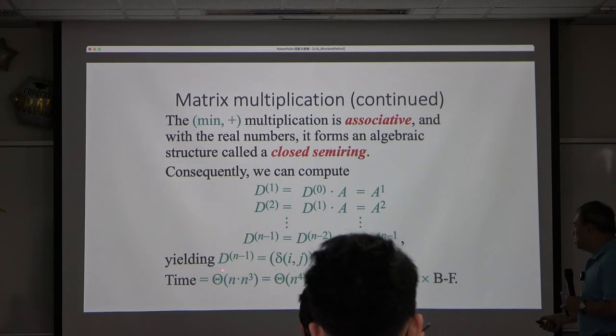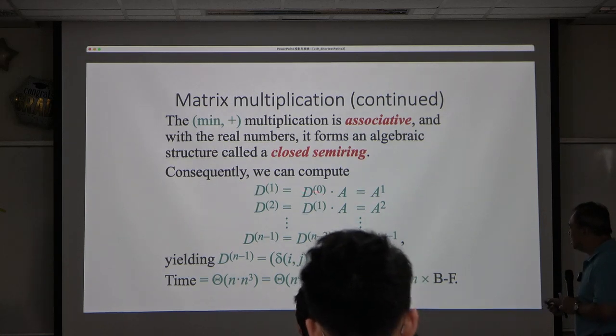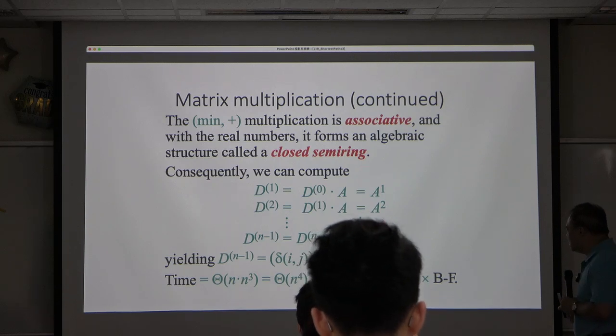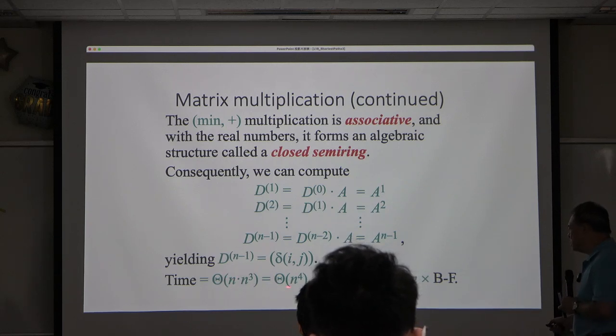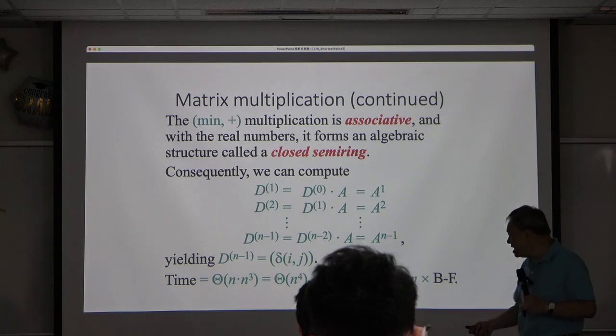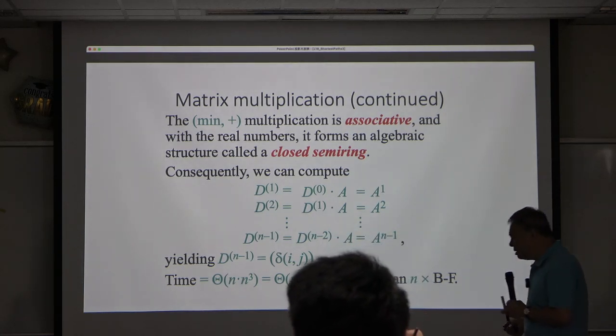So how much time does this take? Each computation takes n cubed, right? And you need to do this n minus 1 times. So it's like n times n cubed, so it's n to the power of 4. You are going to be surprised to find that this is no better than running the Bellman-Ford algorithm n times, because it's n to the power of 4.